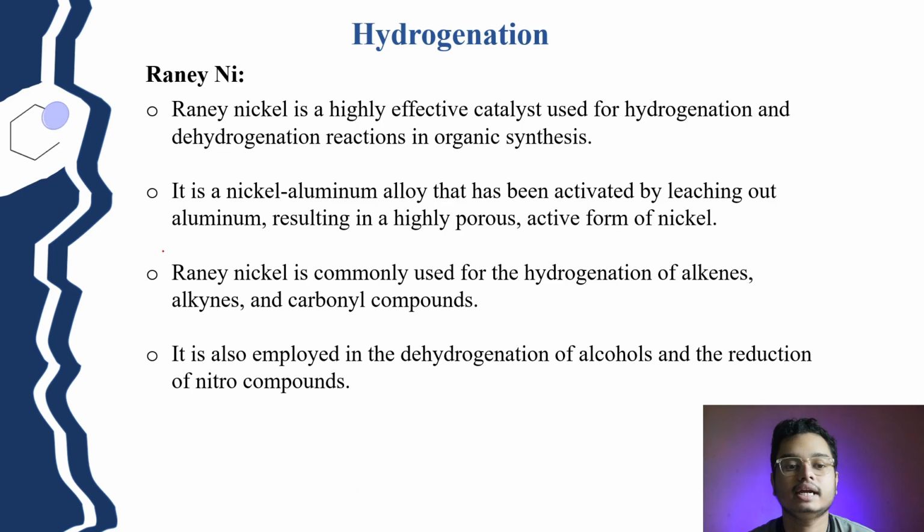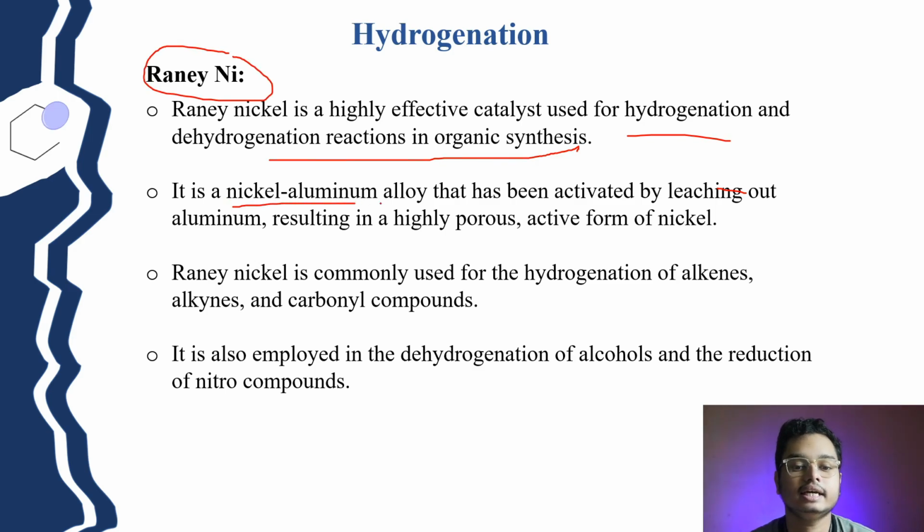Now let us talk about Raney nickel. Raney nickel is a highly effective catalyst that is used for hydrogenation and dehydrogenation reactions in organic synthesis. If we cover the physical composition of Raney nickel, it is a nickel aluminium alloy that has been activated by leaching out aluminium, resulting in a highly porous active form of nickel, and in this porous part the reaction happens.